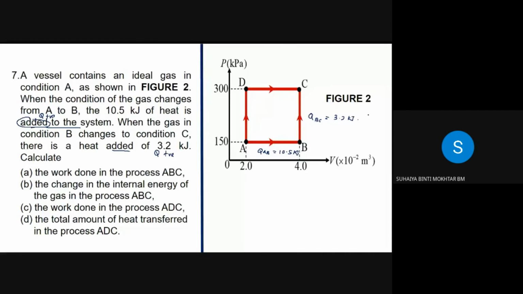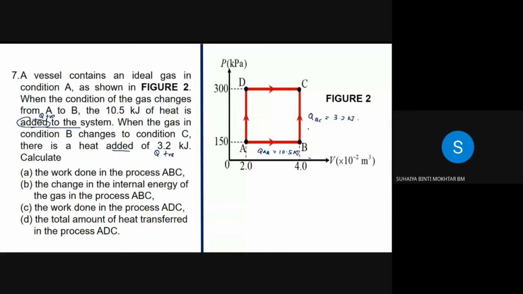Okay, then refer to figure 2 here. Okay, so here AB here is process what? Isobaric, right? Okay, constant pressure. Pressure dia equals to 150 kilopascal. Okay, so initial volume for case isobaric here is 2 times 10 power negative 2 meter cube and final volume is 4 times 10 power negative 2 meter cube.